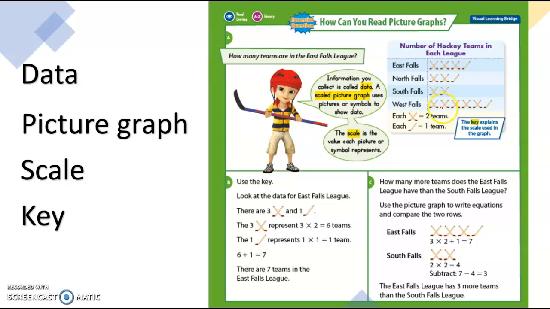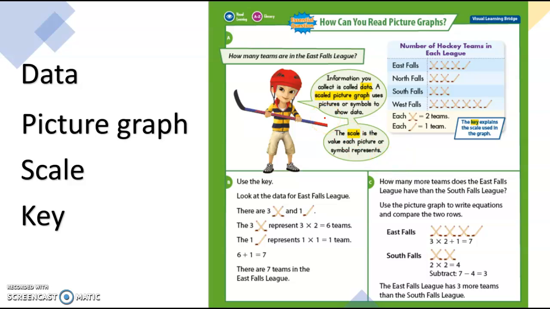So if you see two sticks crossed, that means two teams. So East Falls has 2, 4, 6, and then one stick is one team. So 6 plus 1 is 7. So East Falls has 7 teams.